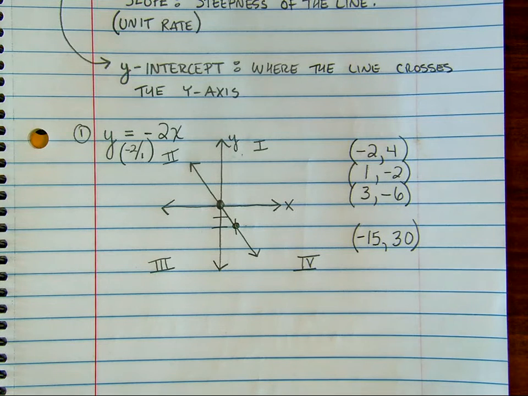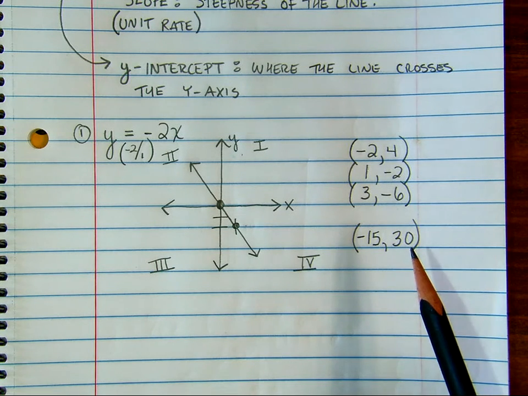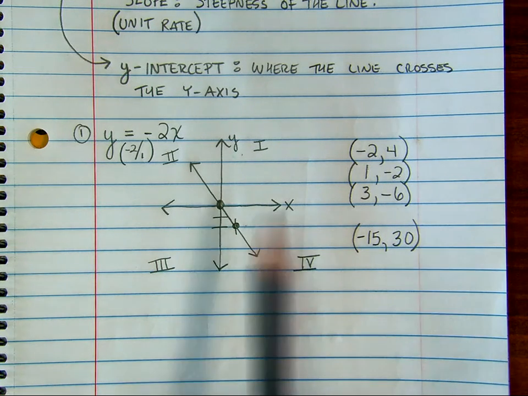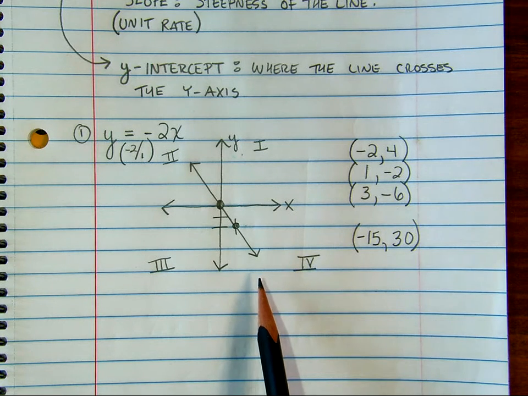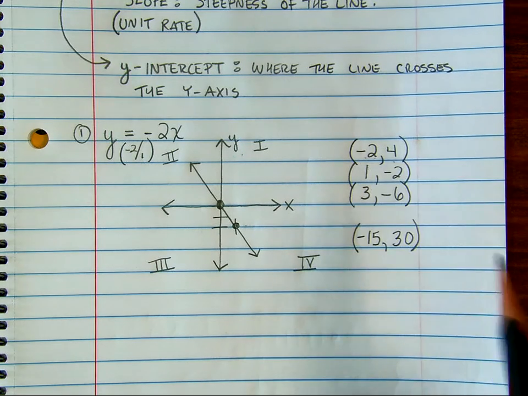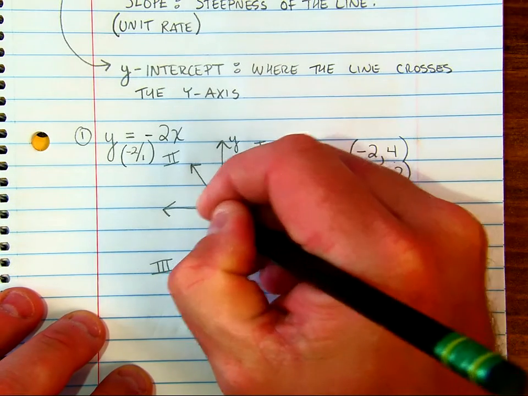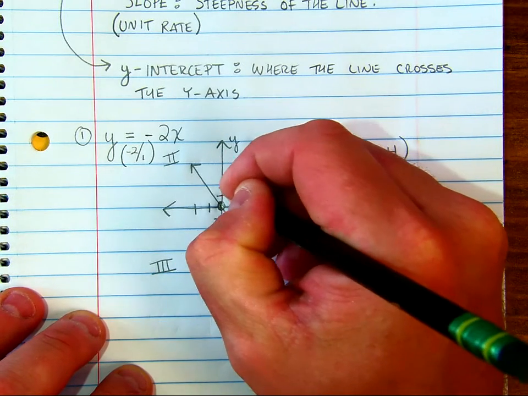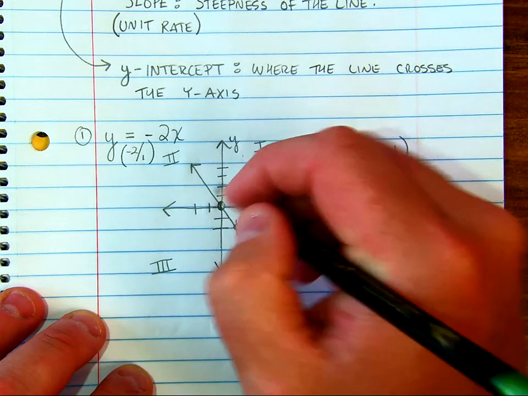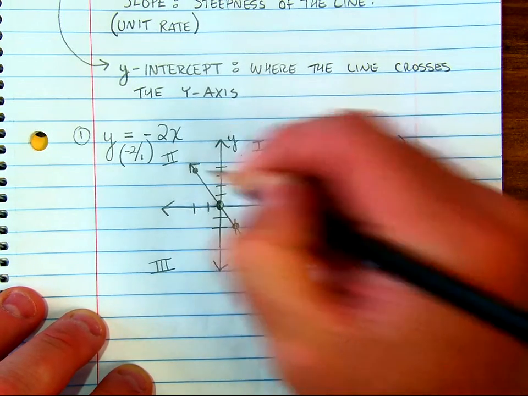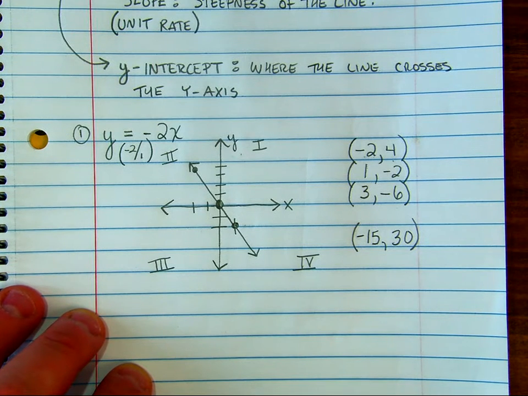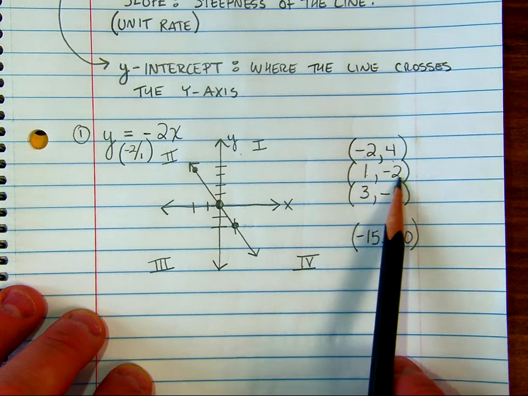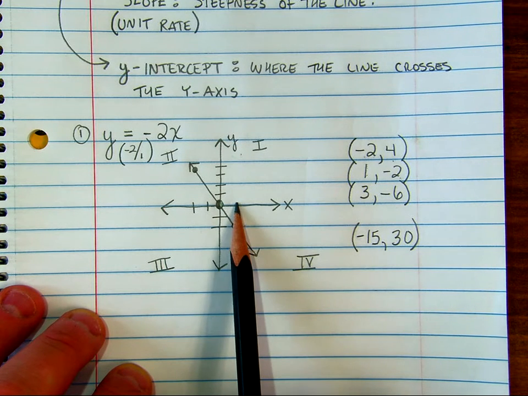Now watch this. Each one of these points should be, better be, on this line. Negative 2, 4. And it is on that line. 1, negative 2.